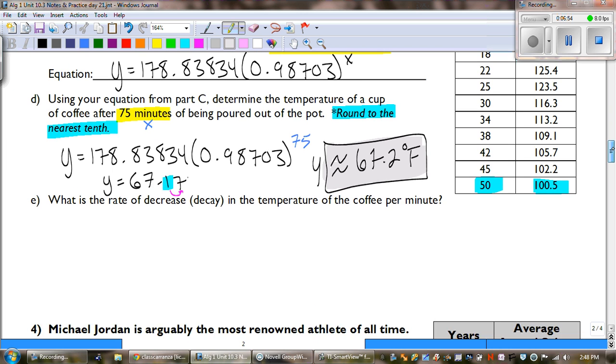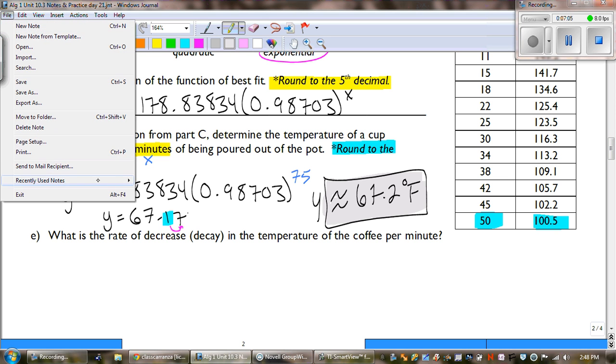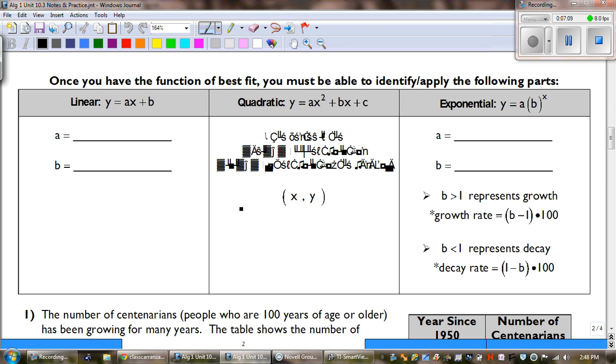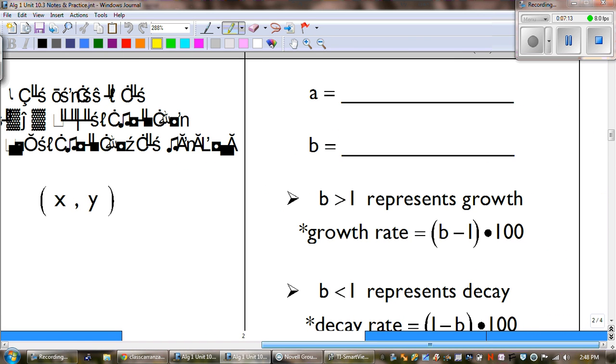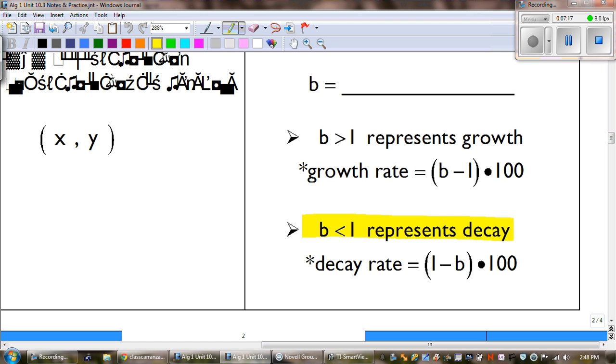All right, E. What is the rate of decrease or decay in the temperature of the coffee per minute? In class, I referred back to our notes from the previous day. The only thing we need to pay attention to is right here.